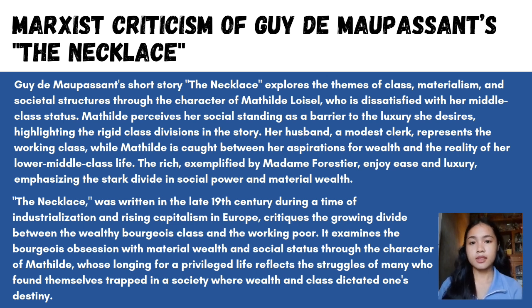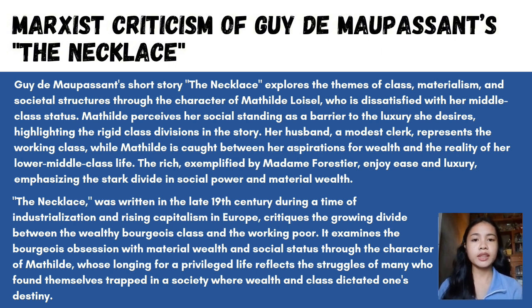Contextualize the text. To fully understand the Marxist critique, we need to consider the historical and economic backdrop of the story. The Necklace was written in the late 19th century, a period marked by industrialization and rising capitalism in Europe. This era saw a growing divide between the wealthy bourgeoisie class and the working poor.